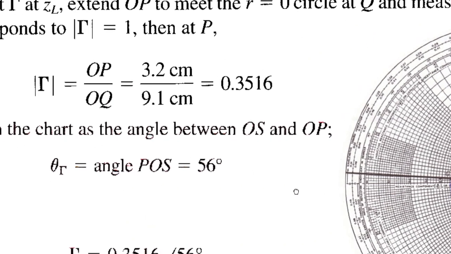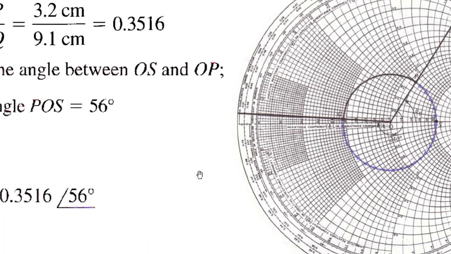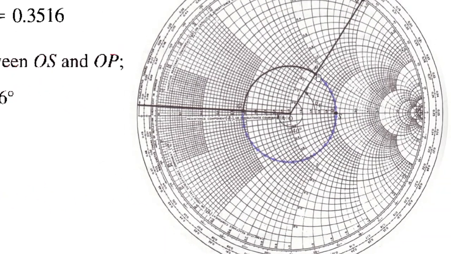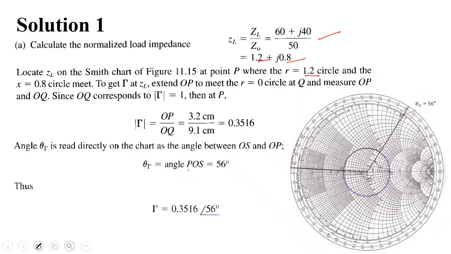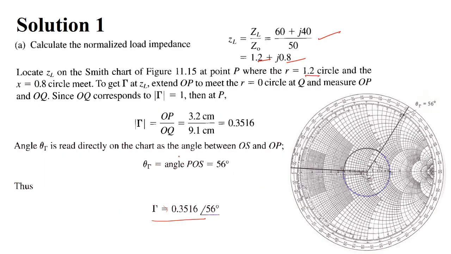Now using this formula, OP over OQ is 3.2 they have measured, and this is 9.1, which is equal to 0.35. Then they find the reflection coefficient at the load, and then you can use it to find the input impedance by rotating from this point in terms of lambda and reaching here. So you can do it yourself.